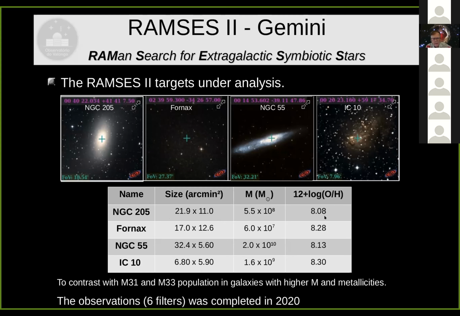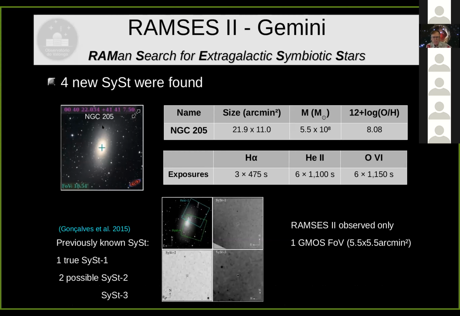Different masses, luminosities and metallicities as well, because then we can compare our results with the effort being done in Andromeda and M33, because we don't know how the characteristics of these structures change with metallicity, for instance. The first galaxy analyzed was NGC 205, a dwarf spheroidal that is a companion of Andromeda.